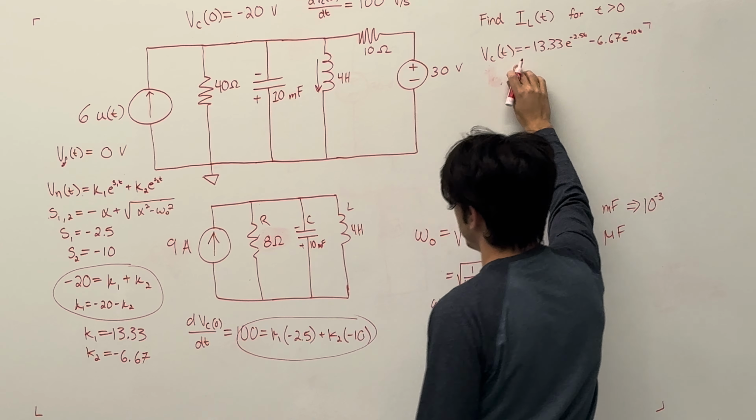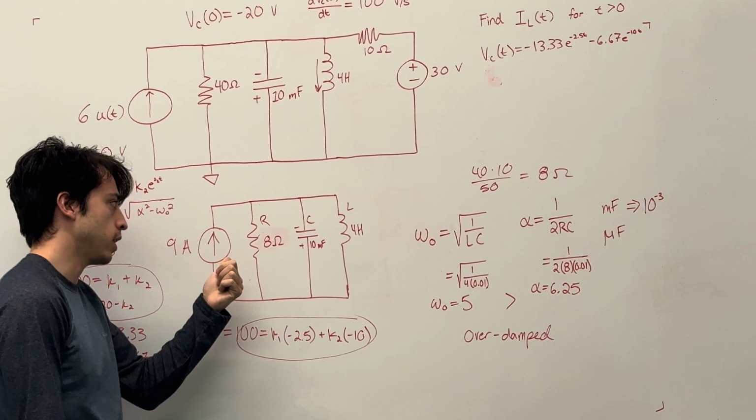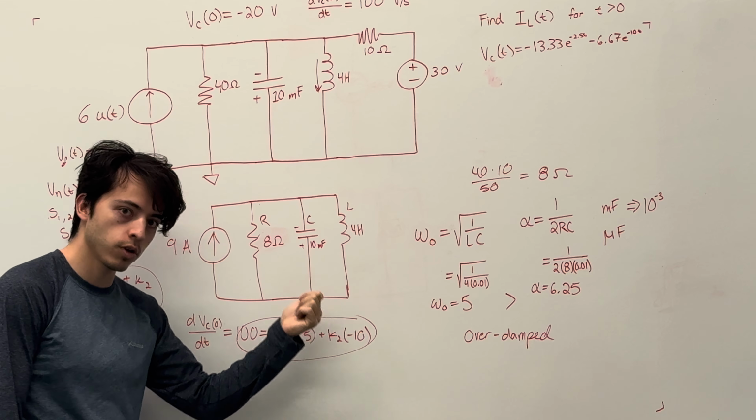But you'll remember the problem is asking for IL of t. Now there are two ways to make this relation. Either you can use KCL on the circuit to find the relation between the voltage between the two nodes and the current going through the inductor.